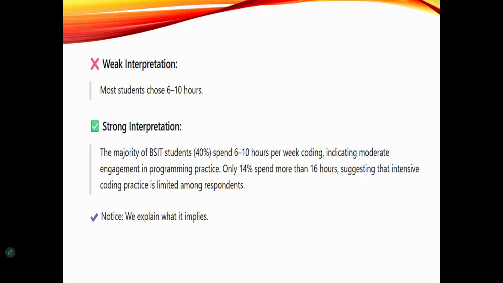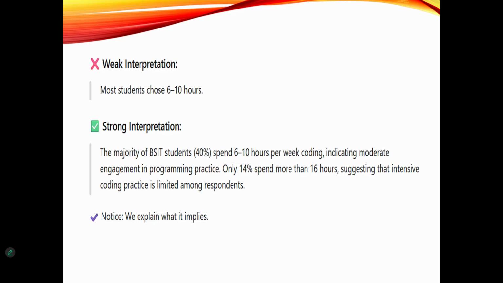Only 14% spend more than 16 hours, suggesting that intensive coding practice is limited among the respondents." So notice that you need to explain what it implies. What is the implication of the data?